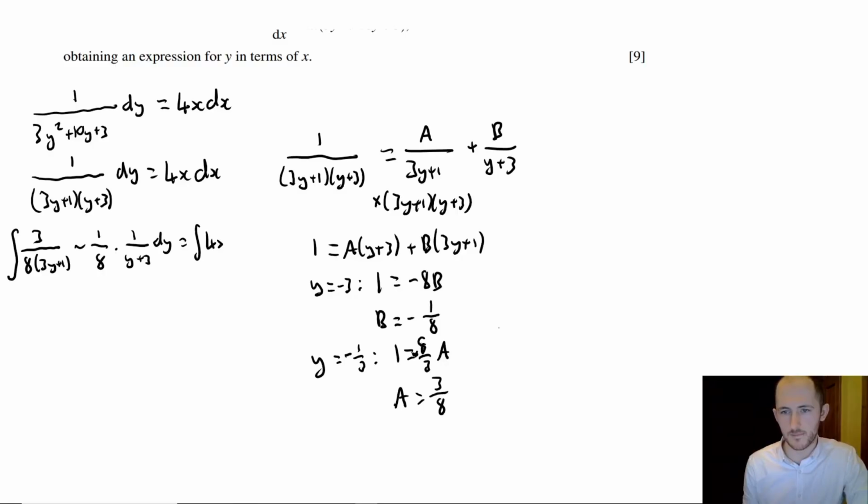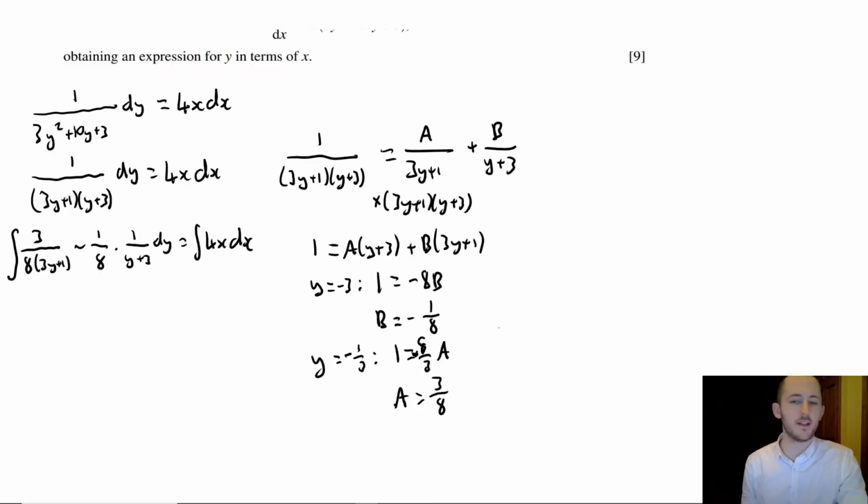Okay, now I'm going to pull out 1 over 8 to the outside, and that should help us out. Yep, that'll be the best thing to do.